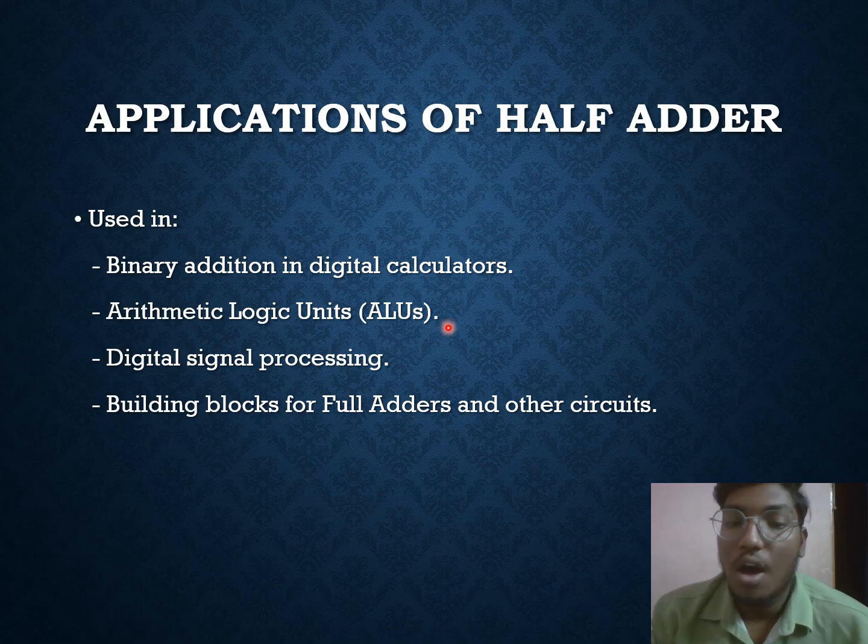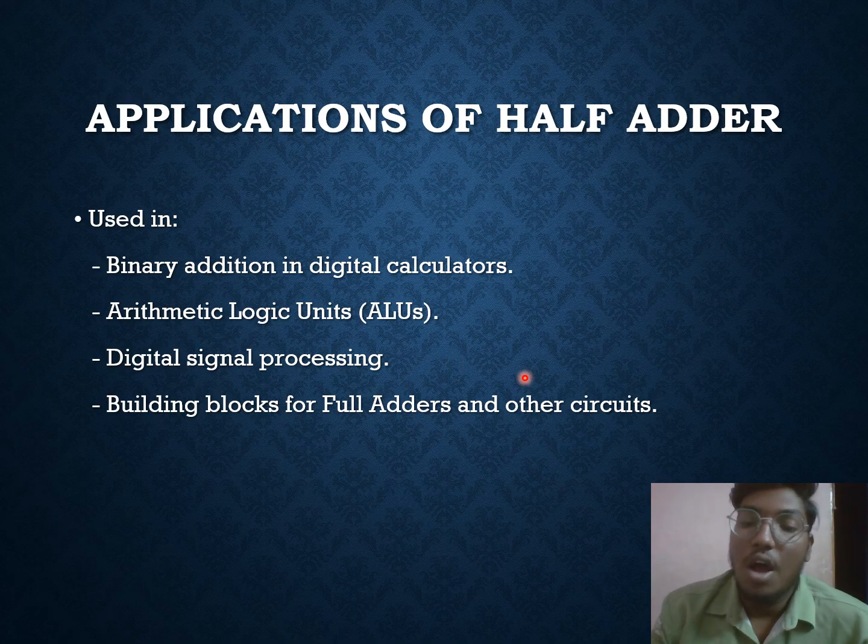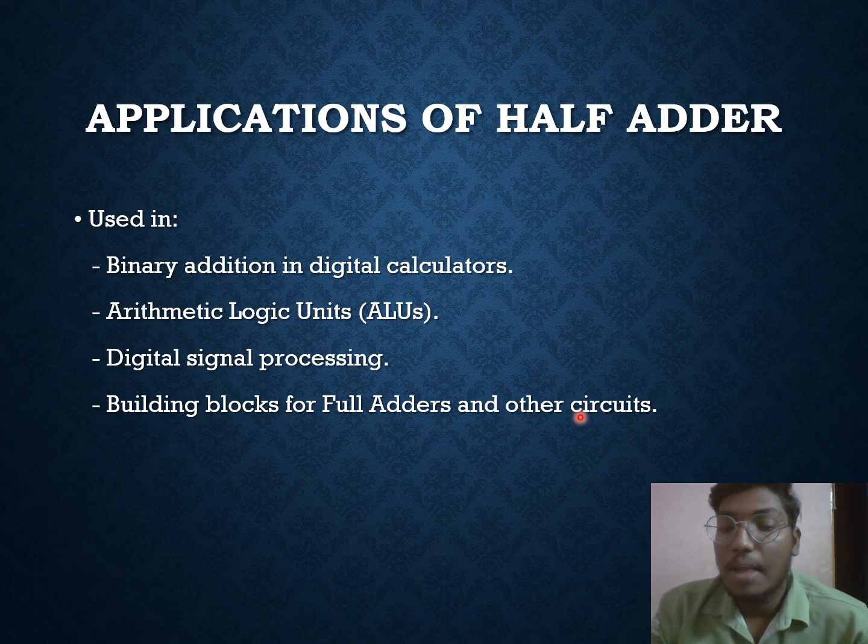So in that, half adders or full adders are used. Similarly, all the signals we are using now are digital, and half adders are also used for processing digital signals and for designing complex adders like parallel adders, full adders, etc.